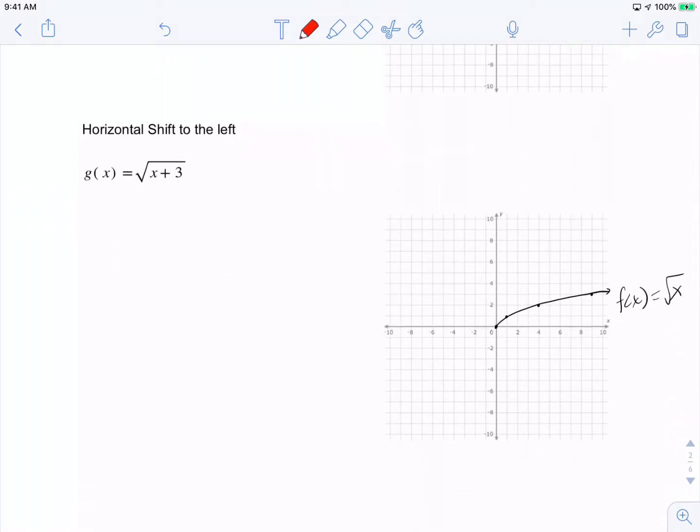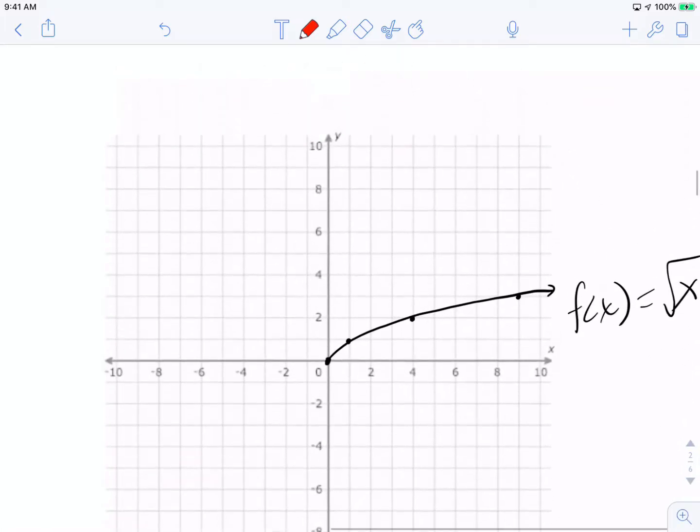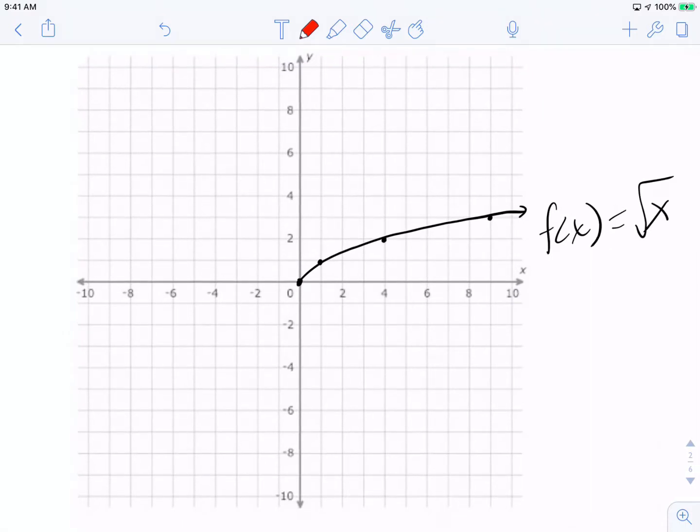In our next example, we're going to actually move and shift to the left. So we're going to shift 3 to the left, and so zooming in on our picture, we're going to move 3 to the left, 3 to the left, and 3 to the left.